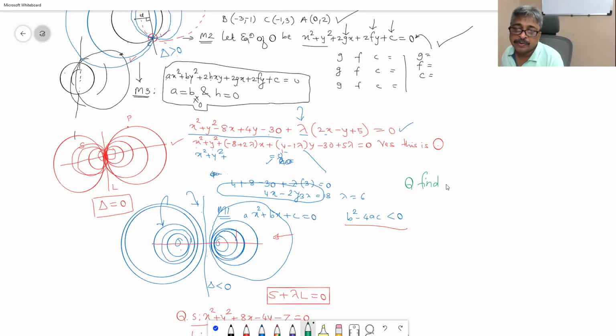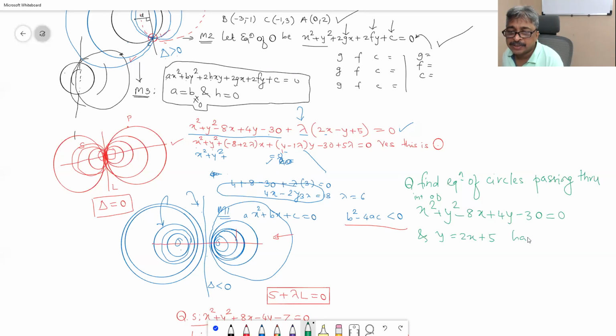Find the equation of a circle passing through the intersection of x square plus y square minus 8x plus 4y minus 30 is equal to 0, this circle, and y is equal to 2x plus 5, having radius root 5.